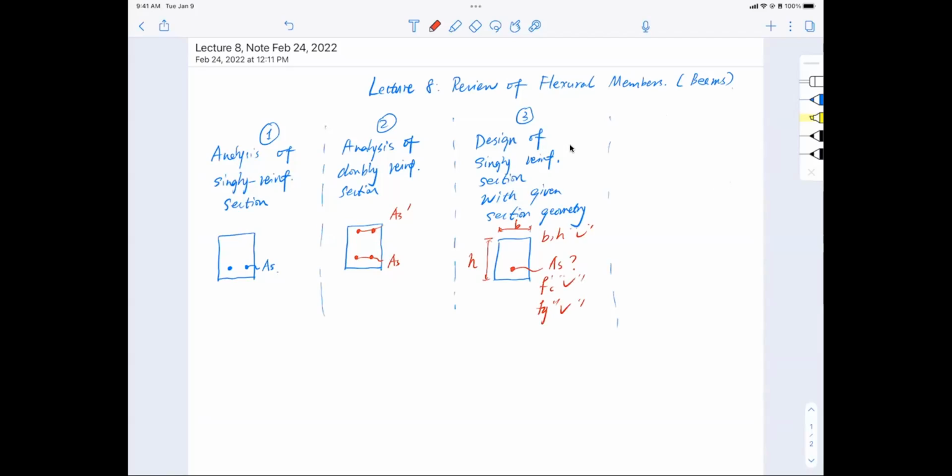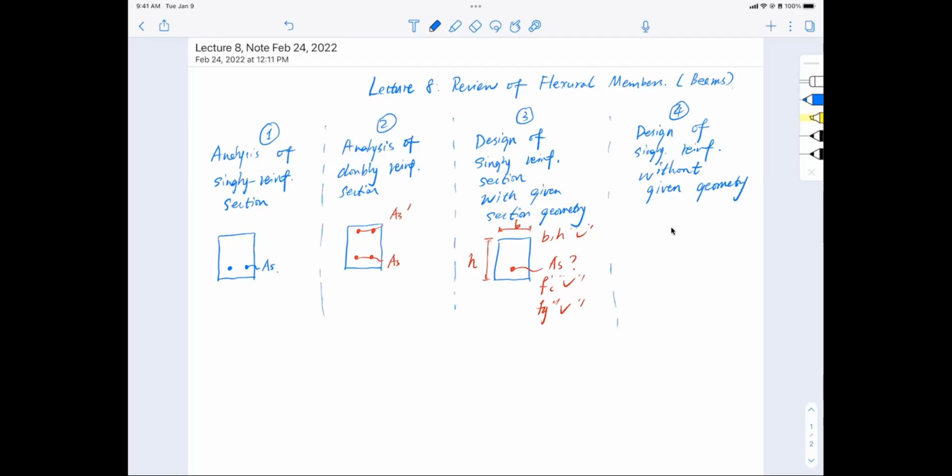And last but not least, what we learned yesterday is design of singly reinforced section without given geometry.